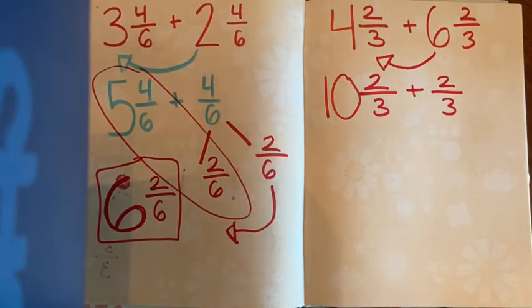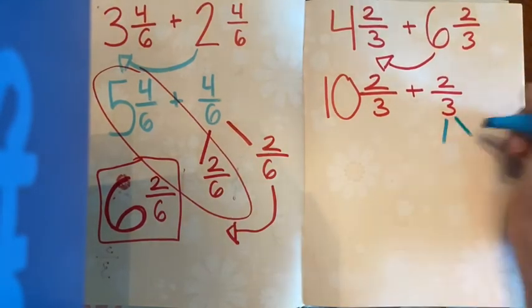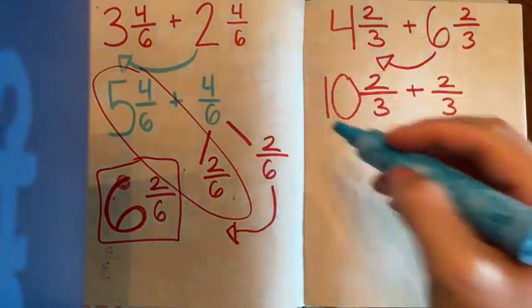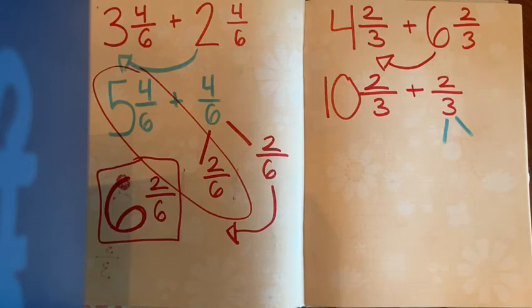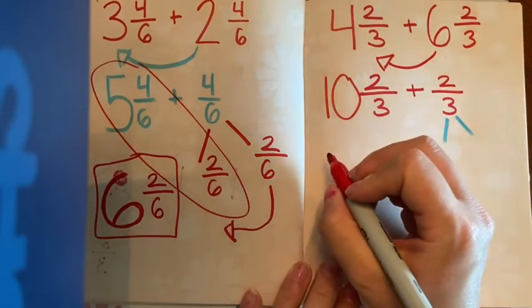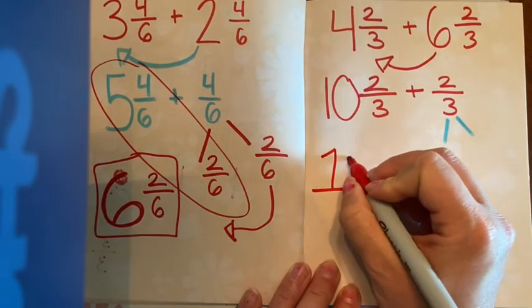10 2/3 plus 2/3. Again, similarly to our previous question, you may recognize that when you add 2/3 plus 2/3, you're going to go above our whole number of 3. So what we want to do is borrow from our right side in order to make the 10 2/3 a new whole number, the new whole number of 11.